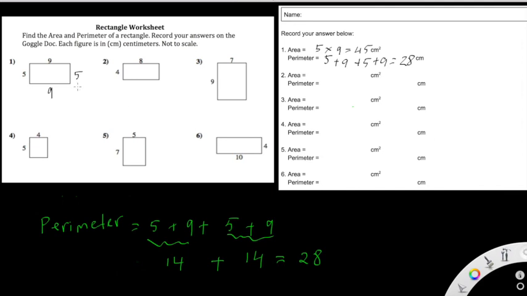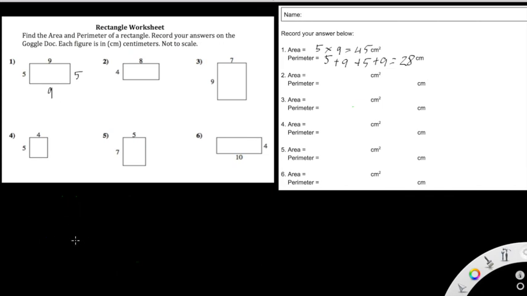Okay, so we're done with this one. We're going to do one more and you are going to do the rest. Okay, let Mr. Wu erase it right here. All right, let's pick number 4. Okay, let's do this one.